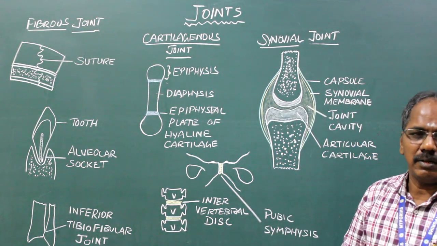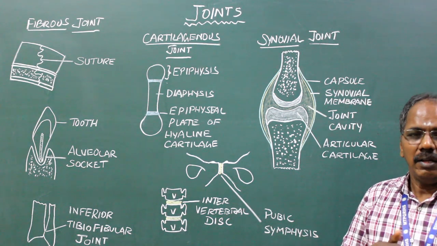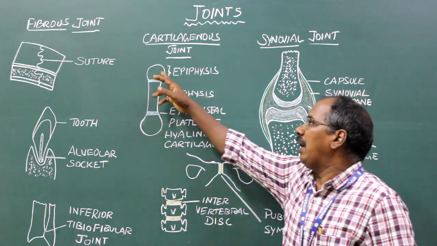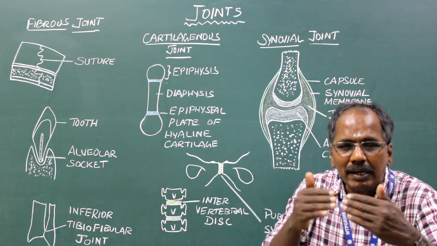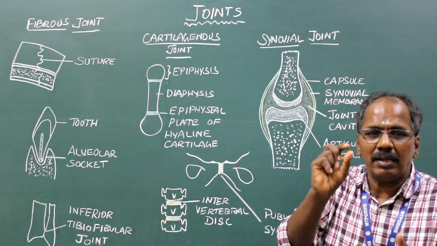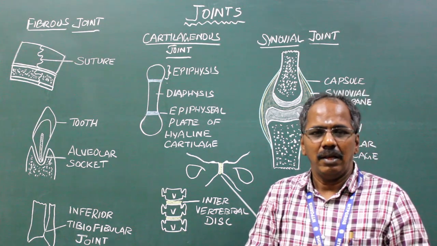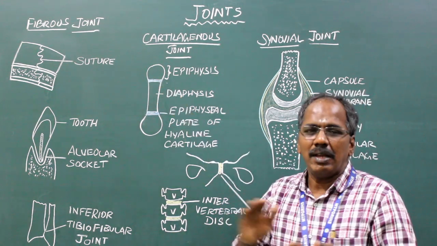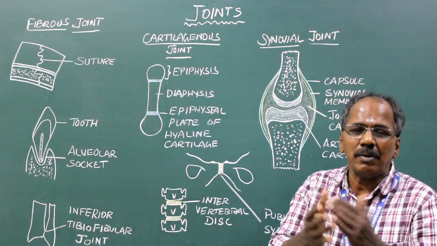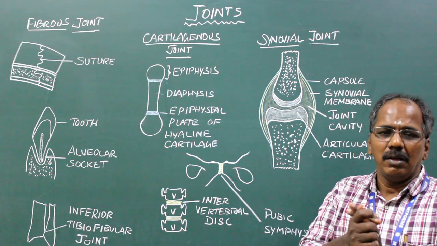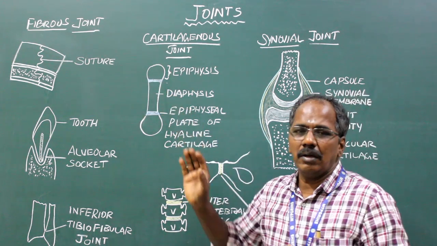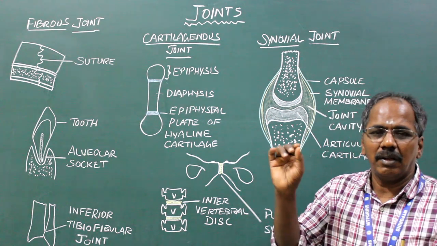Primary cartilaginous joint. In this type, the two articular ends are connected by a piece of cartilage which is of hyaline type. This cartilage is later replaced by bone. So, it is present only during a certain period of life.